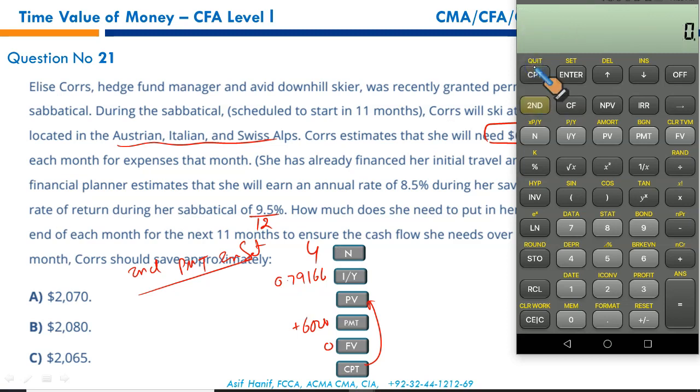Second quit. Starting first with second PMT, second enter. Now it's in beginning mode. 4, second quit. 4 is the period. Interest rate on a monthly basis is 0.79166. PV is to be calculated. 6,000 is what she will receive.